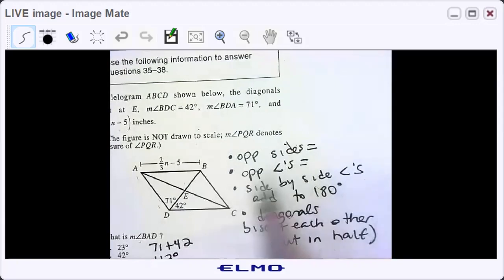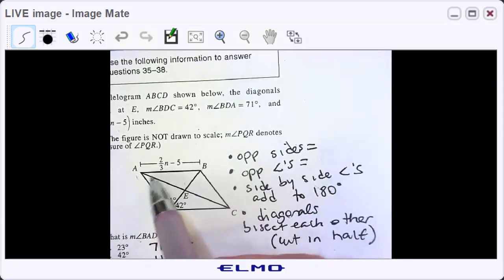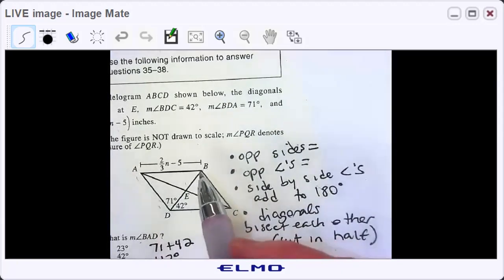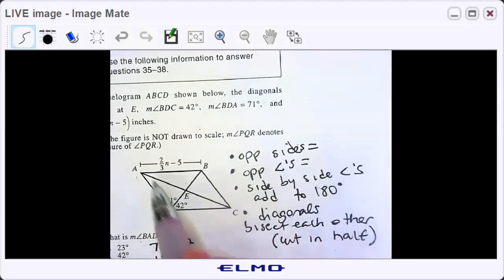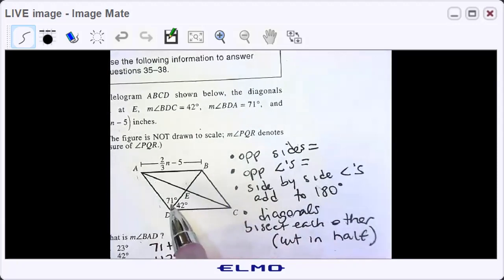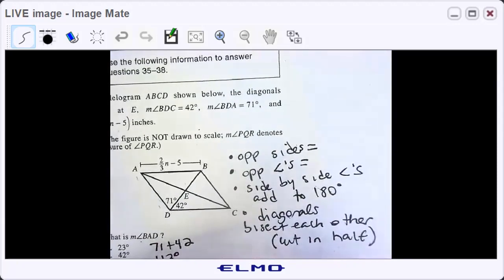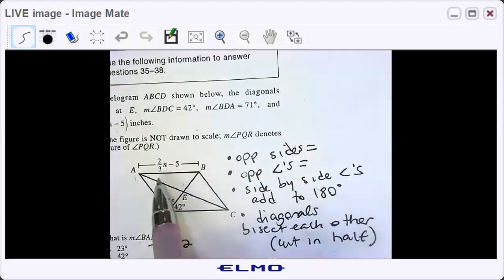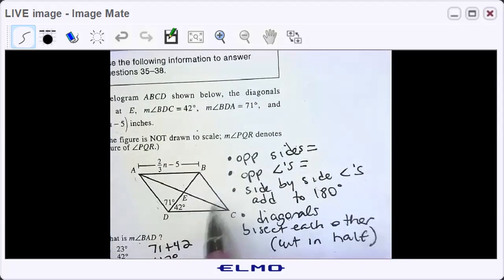That's from property number 2, but they want this one. Certainly you can use 360 as well to get the answer, but I'm just going to use the 180 fact. So 180 minus 113 gives me my answer, 67 degrees. And of course, this one down here would also be 67.